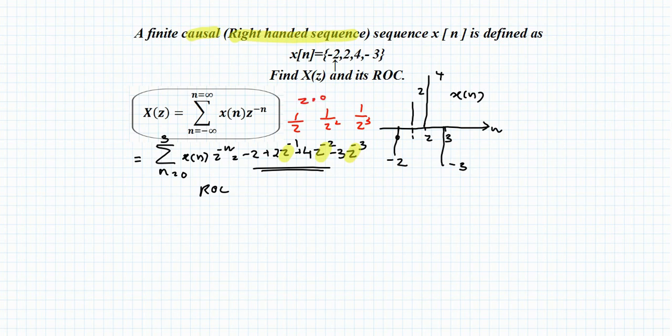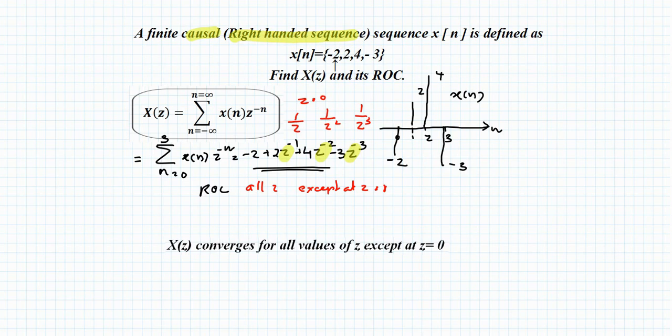So we can say the ROC is all z except at z equal to 0. When you discuss a causal signal, I can say that the ROC is all values of z except at z equal to 0.